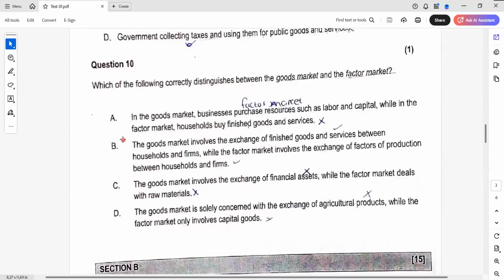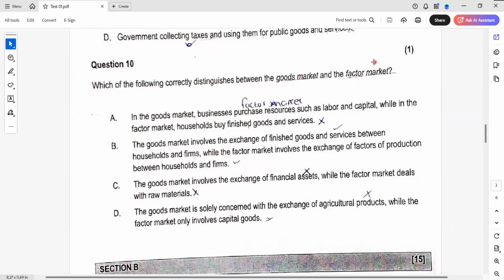So question 10. Which of the following correctly distinguishes between the goods market and the factor market? Okay, so the goods market is basically the market of consumer goods and services. That is where we purchase the goods and services that we're going to use for consumption, right?